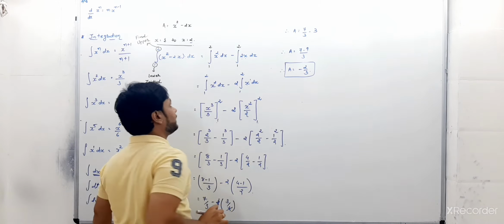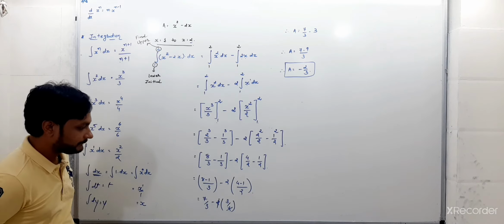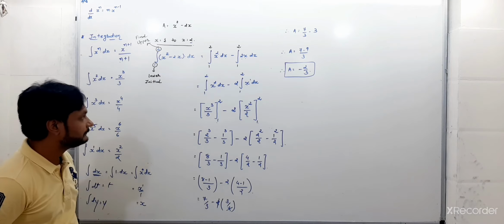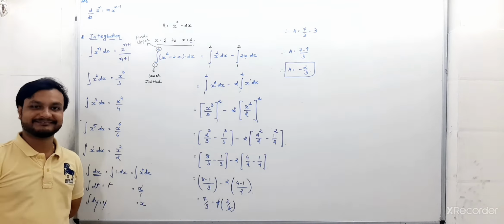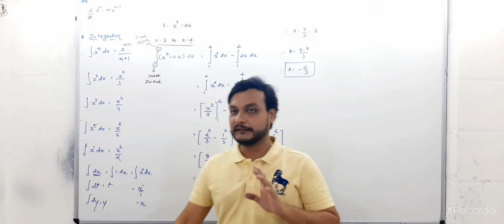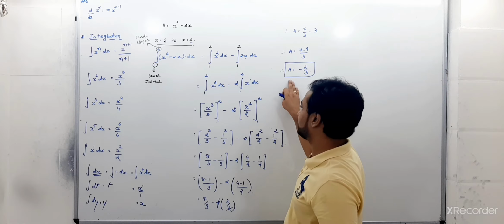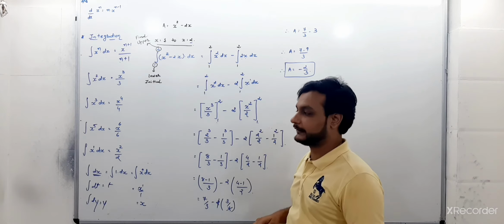This is your answer. Okay? Done? So this is the simple method of integration. Actually I call it A. Okay? That's why I got it here. Otherwise you can add anything.